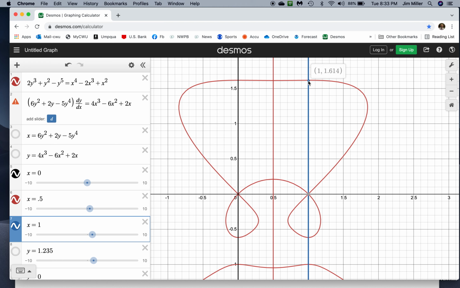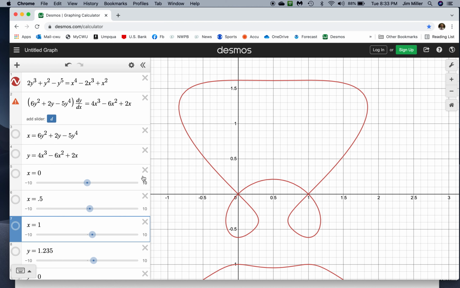It's not adjusting to being right on the curve, and I think it's because that equation is so nutso. But I can get a pretty good approximation of the answers. It looks like this one's right about there. This one's right there. This one's right there. And I can see those points. So there are all the horizontal tangents.